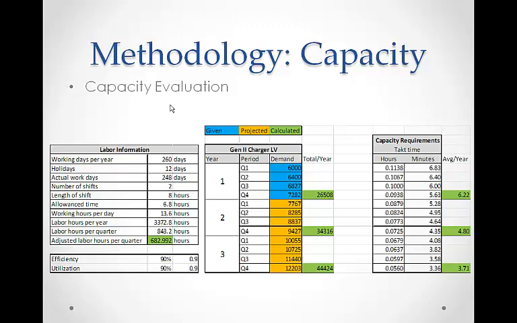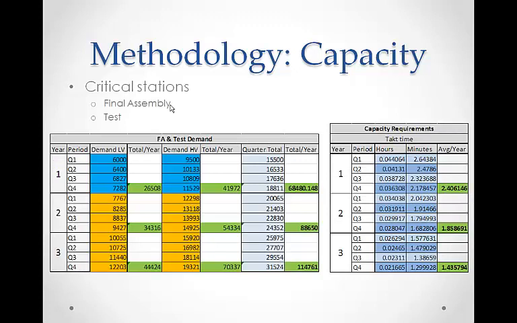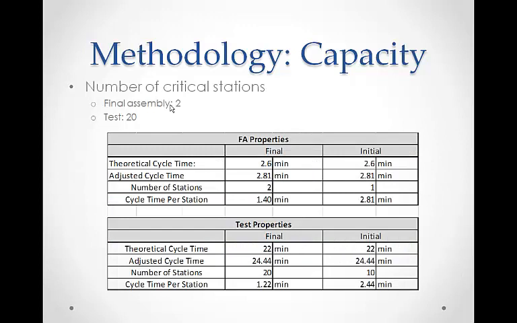I was given demand for the first year, and I projected it out to 3 years in order to encompass the project's scope. I divided the available labor hours by the demand in order to get the takt time for each quarter. I replicated this process for the final assembly and test stations, since I identified them to be critical stations that need to have a capacity analysis.